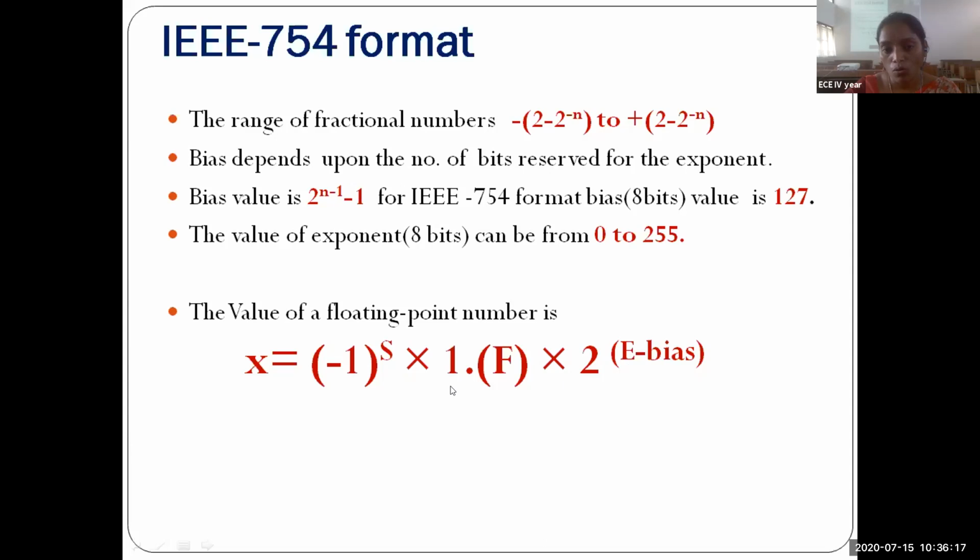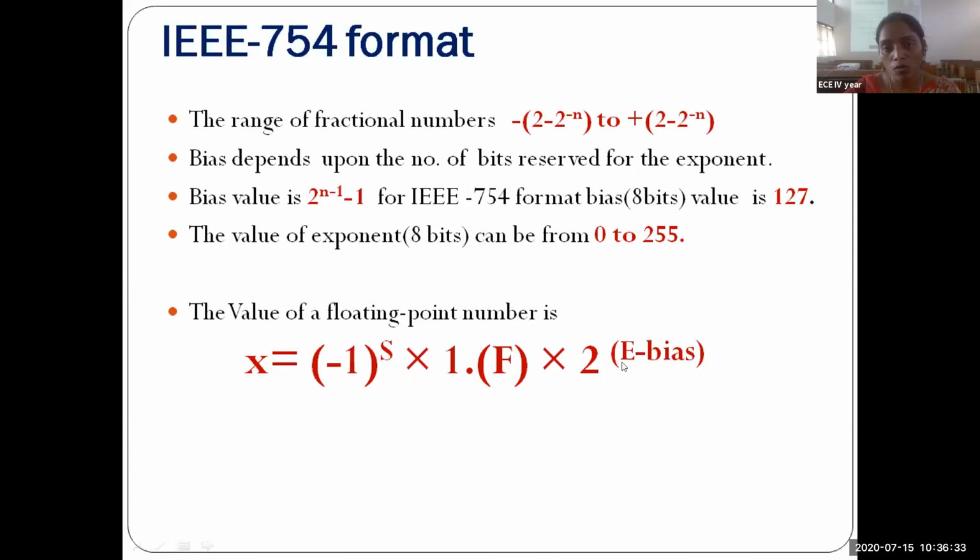Now the question is how to calculate the fractional value, exponent value and bias value. For IEEE 754 format, how many bits are assigned for exponent? 8, right?